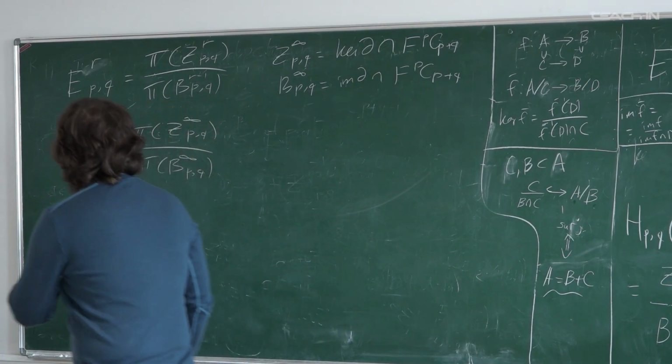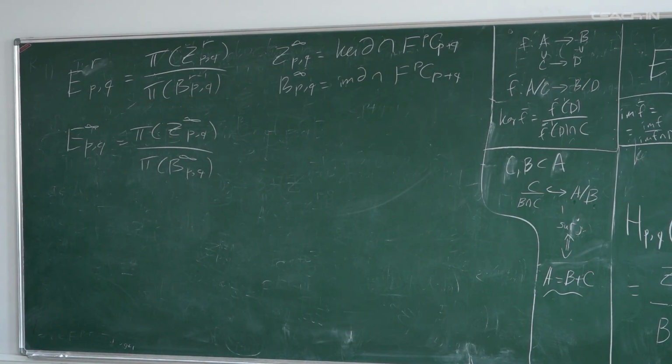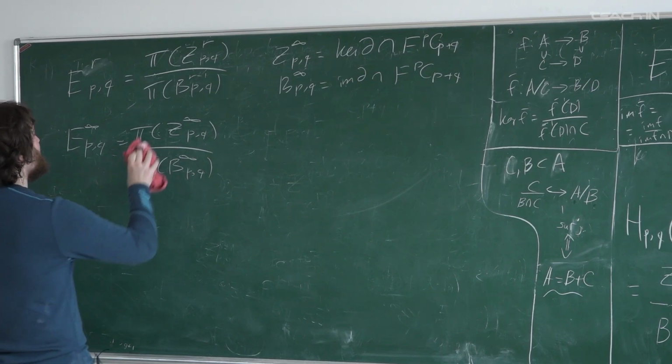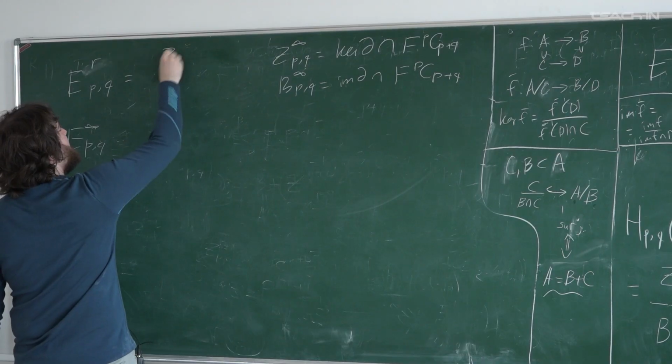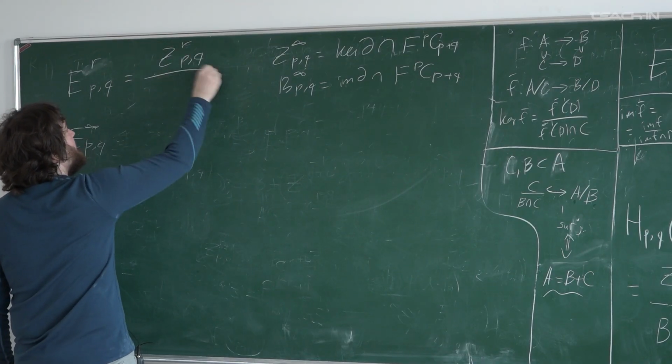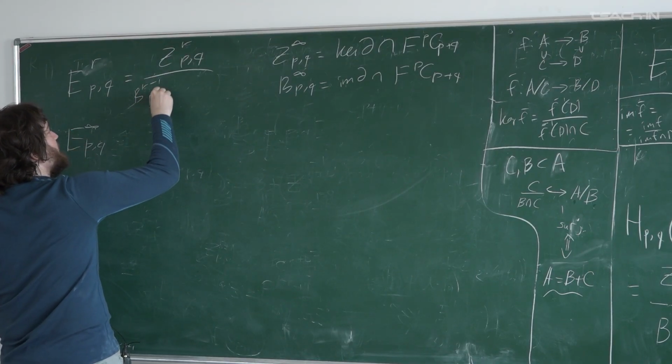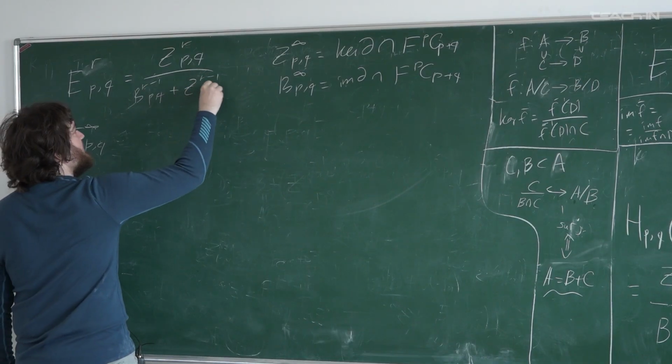Yes. Okay. No, yes, maybe. Maybe it will be better in the previous form. Sorry. No, it's the same thing. Okay. BR minus 1 PQ plus ZR minus 1 P minus 1 Q plus 1.